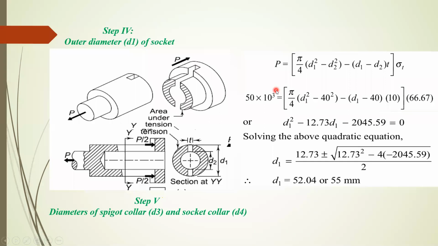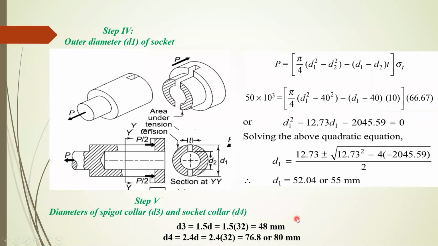Then step number 5 is the diameter of the spigot collar and socket collar. Collar dimensions are calculated by standard empirical relations like this, and we have to use those equations while designing. D3, the diameter of the spigot collar, is 1.5 times the diameter of rod, so it is 48 mm, and D4 is 2.4 times the diameter of rod, so it becomes 76, approximately equal to 80 mm.